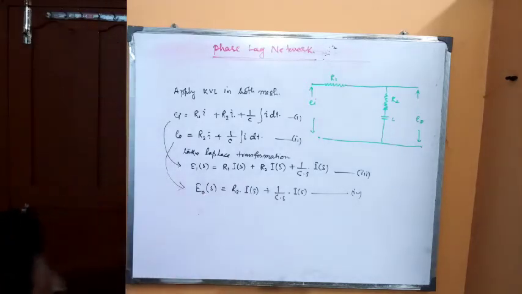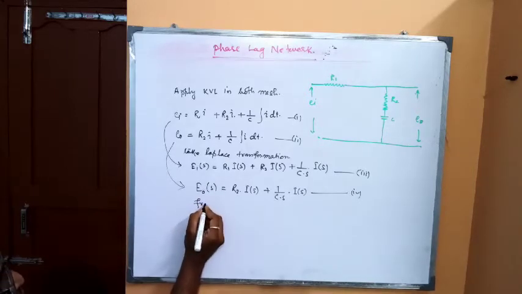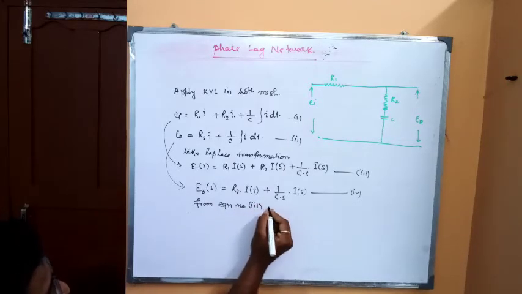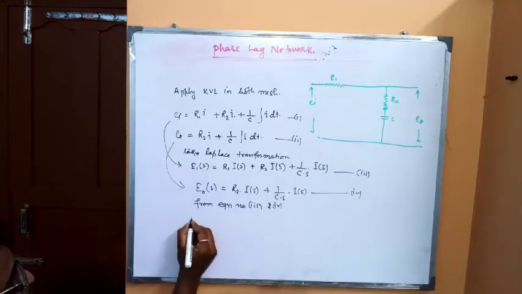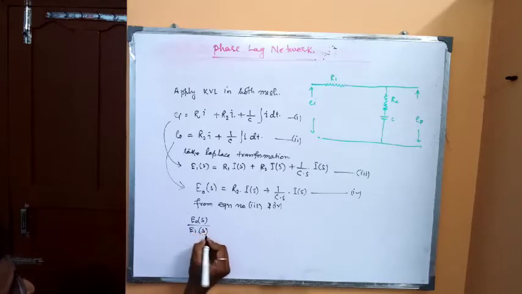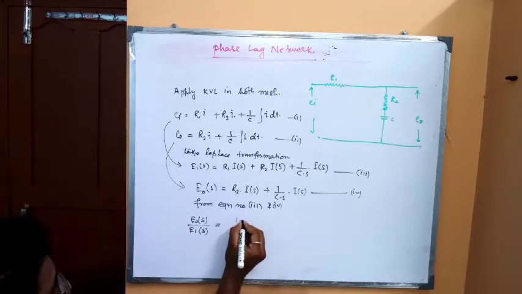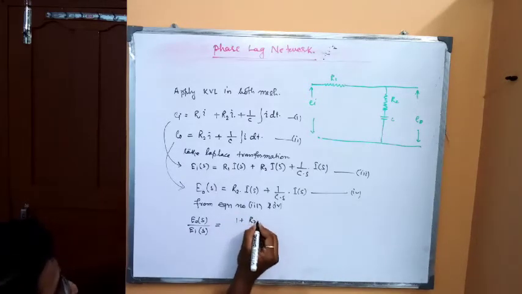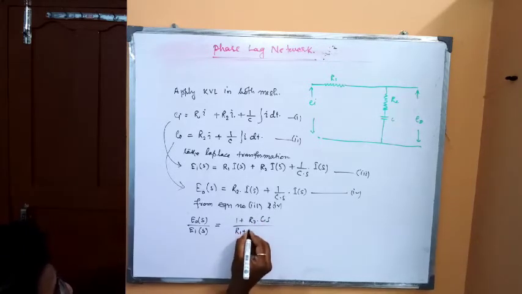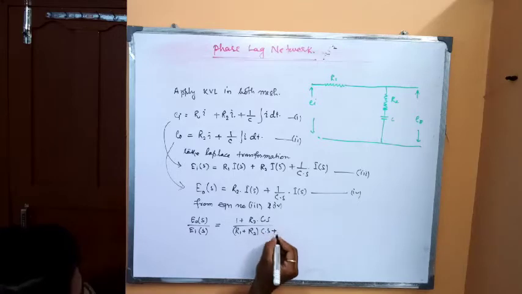So E0 of S upon Ei of S is equal to (1 plus R2 C S) divided by ((R1 plus R2) C S plus 1).